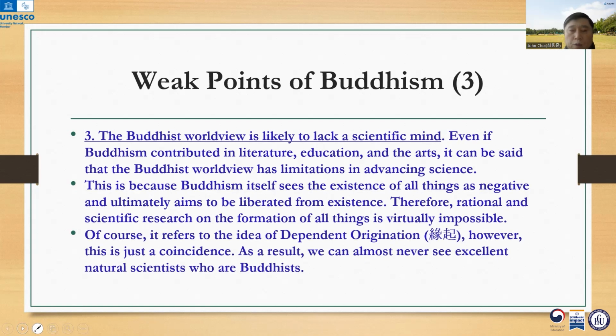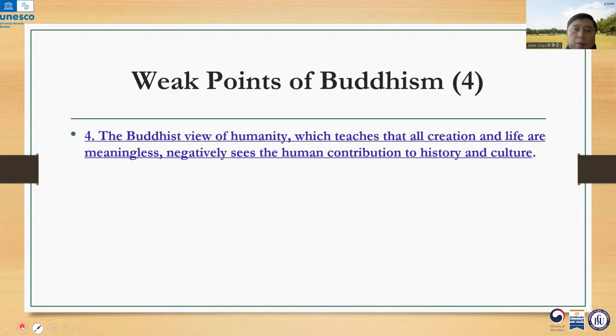Of course, it refers to the idea of dependent origination. However, this is just a coincidence. As a result, we can almost never see excellent natural scientists who are Buddhists. Number four, the Buddhist view of humanity, which teaches that all creation and life are meaningless, negatively sees the human contribution to history and culture.